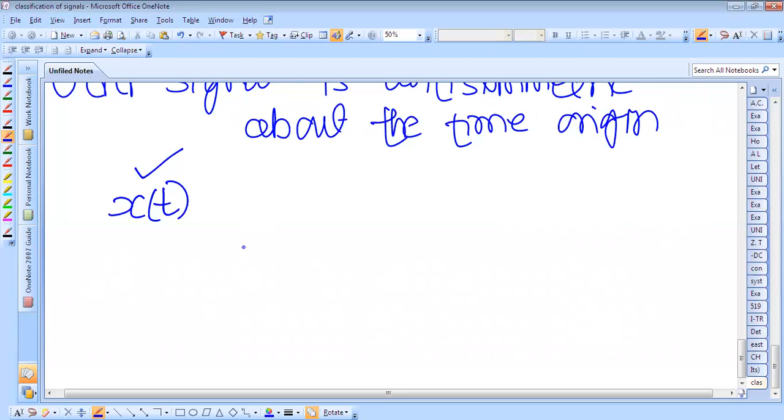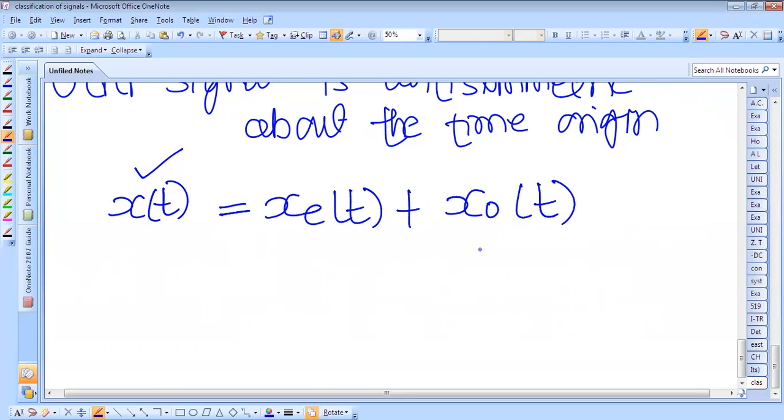If we decompose, we can write the even component and the odd component.